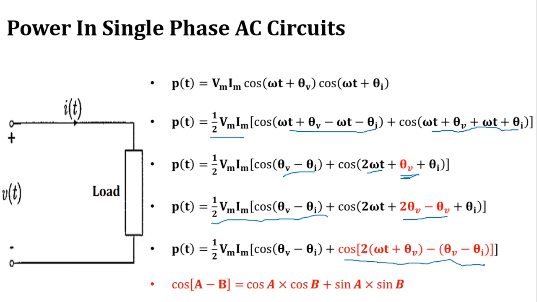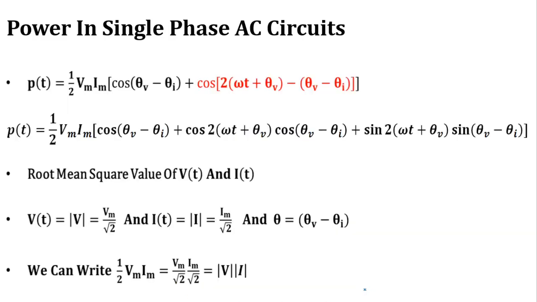I will simplify this cosine term. Here cos of first angle minus second angle. So I can use this formula cos(A minus B), that becomes cos A into cos B plus sin A into sin B. So this equation we will further simplify.